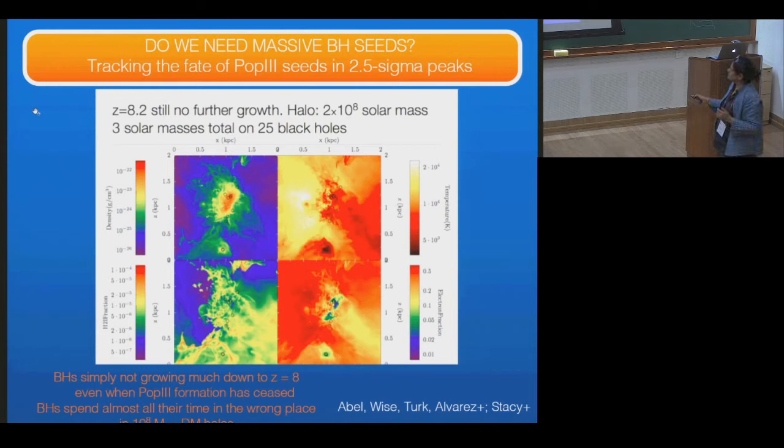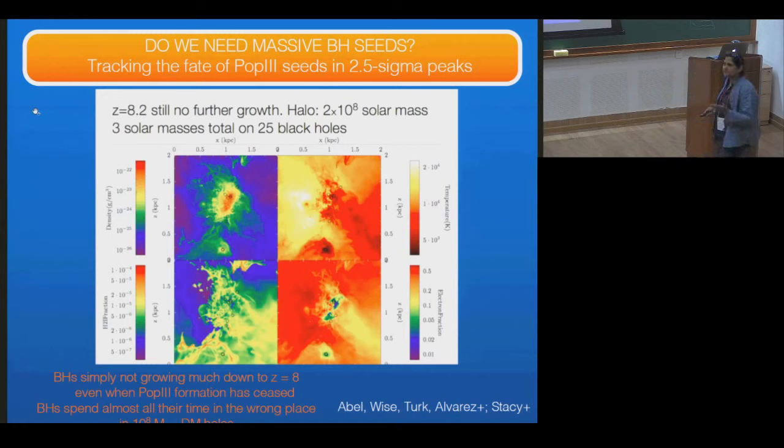What you see is that very few of these are in the higher density regions. They get scattered out of dense halos. And you find that by redshift 8, if you zoom in on a halo that's 2 times 10 to the 8 solar masses, there are 25 little black holes, and together they have put on 3 solar masses. That's the growth rate. It's piddly. This is not going to give us a 10 to the 9 solar mass supermassive black hole by redshift 7. So they're in the wrong place.